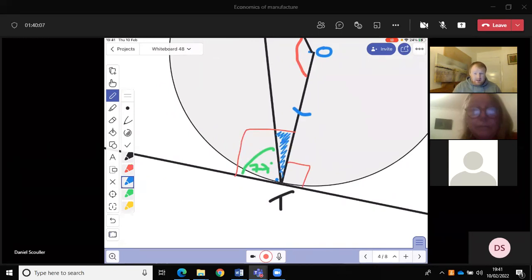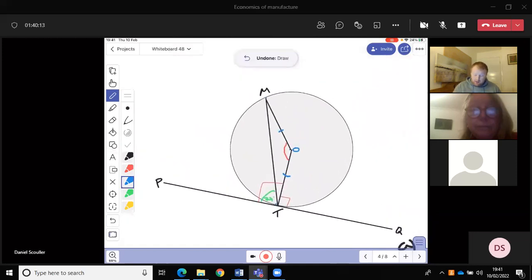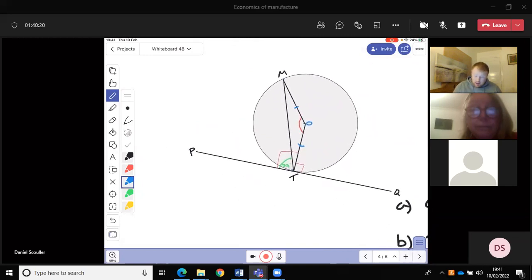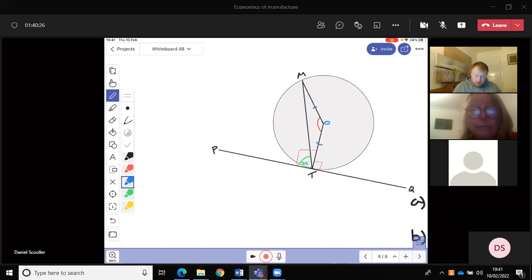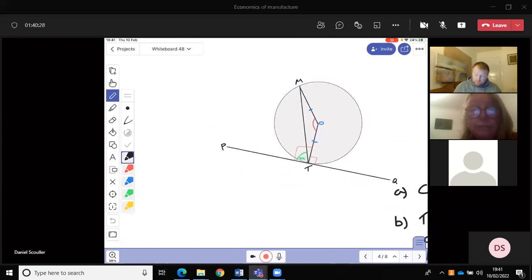So we've been given that 77 degrees, that's the angle MTP. We now have enough information to find out angle MTO. So let's just write that out and put words to it.